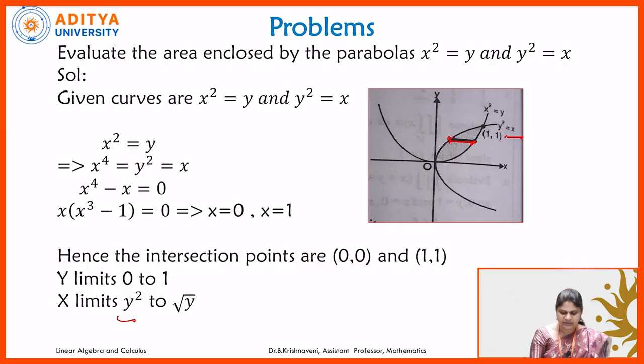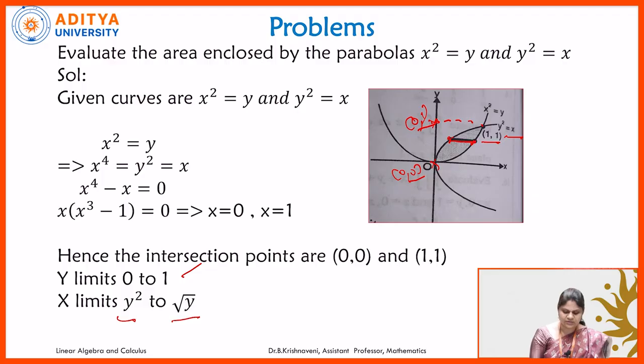Right is touching the curve x square is equal to y, which gives x is equal to root y. Now the corresponding y limits are given on the y axis in the region of integration. Here it is 0, 0 and the point of intersection is 1, 1, so y varies from 0 to 1.